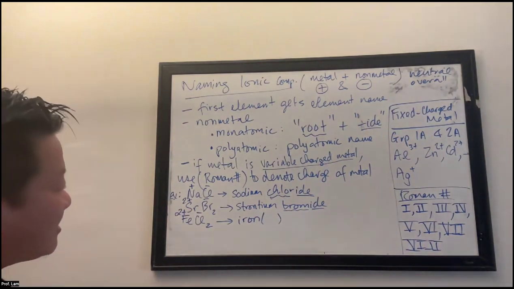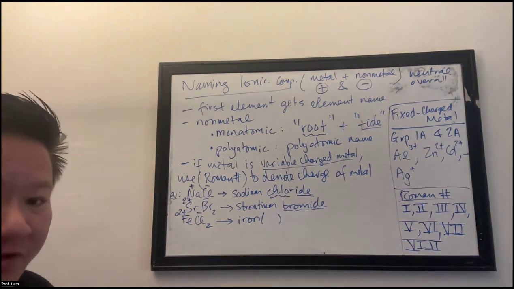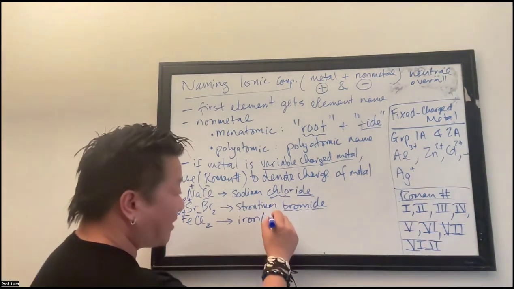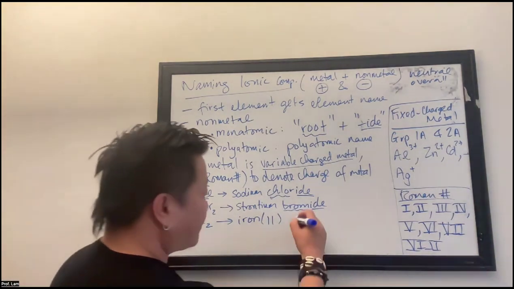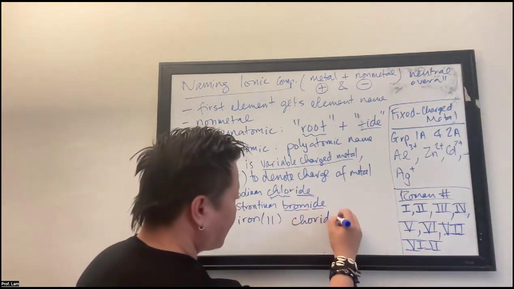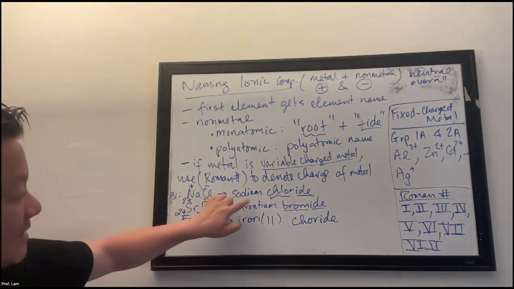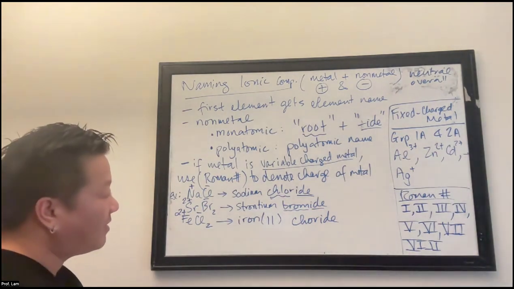So you see how I make little notes? You can do that as well, just to keep track of the charges. Once you figure that out, you put in iron 2, because you know that iron is 2 plus. Iron 2 chloride. So notice how it's written differently than these. These didn't need Roman numerals because they're fixed charge.